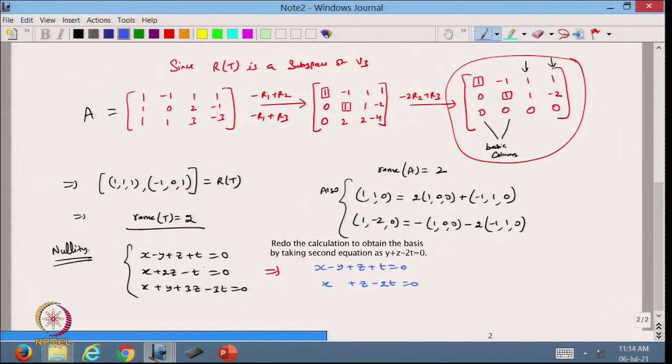So, with the Gauss elimination, I can convert this into this form, because the rank is 2. So, this is the way we can find out.